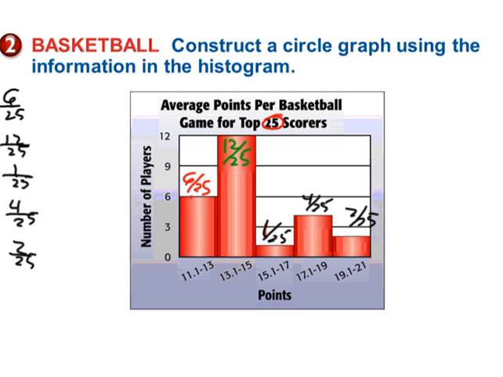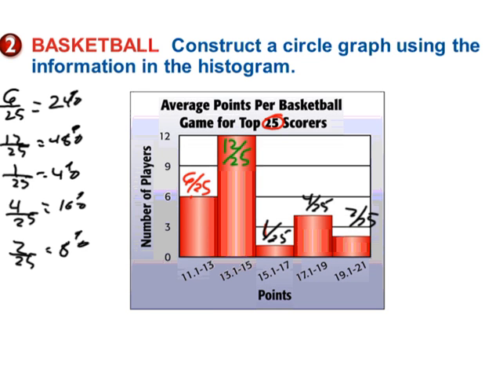If I take 6 divided by 25, I get 24%. If I take 12 divided by 25, I get 48%. If I take 1 divided by 25, I get about 4%. 4 divided by 25 is 16%. 2 divided by 25 is about 8%.